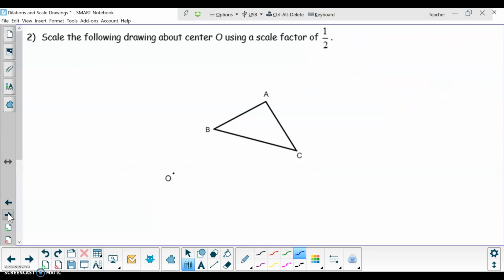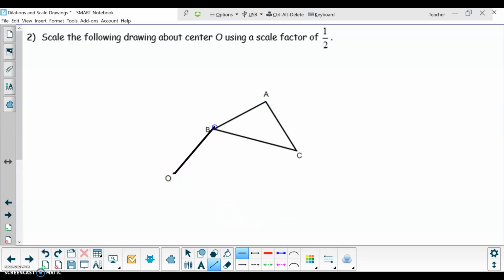All right, so now if we take a look at the next example, here we want to dilate about center O, so O is our center of dilation, but now we want to use a scale factor of 1/2, okay? So now this is going to be a shrink, meaning that the image is going to be smaller than the pre-image. Okay, so we're still going to start out the same way.